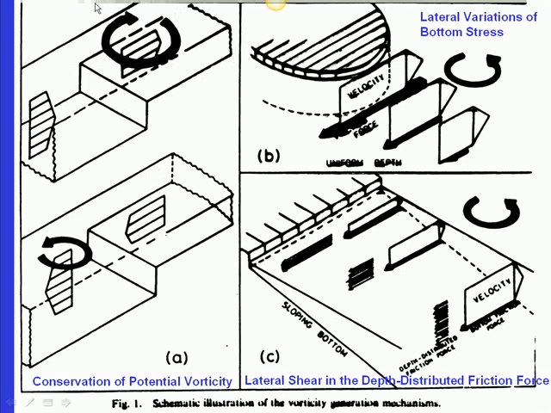The flow acquires a clockwise vorticity when it moves from deep to shallow. And similarly, when the flow moves from shallow to deep, H will increase. In order to conserve potential vorticity, Phi has to increase. So we have to add relative vorticity to the fluid, positive vorticity, which is a counterclockwise vorticity.